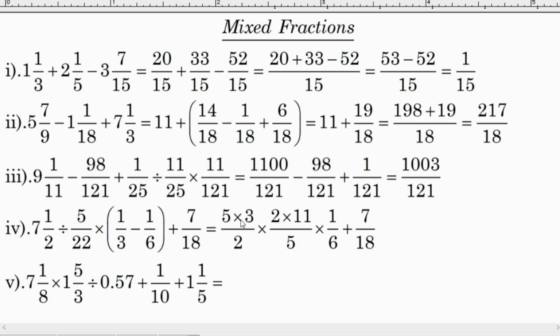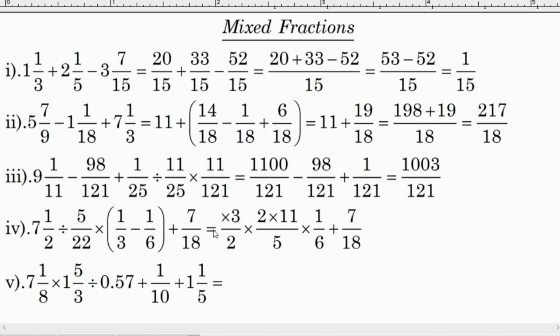I want you to see that we have 5 at the numerator and 5 at the denominator, and 2 at the numerator and 2 at the denominator. So then we can cancel out 5 and then 5 here, 2 and then 2 here. So what we have is 3 times 11. Okay, so now we have to calculate the multiplication sign.